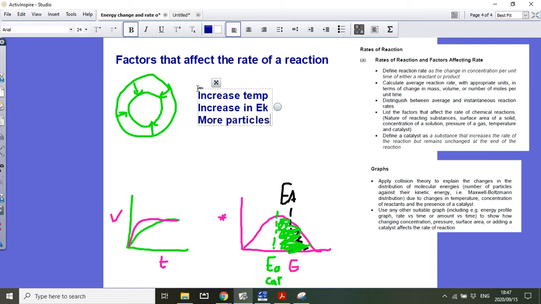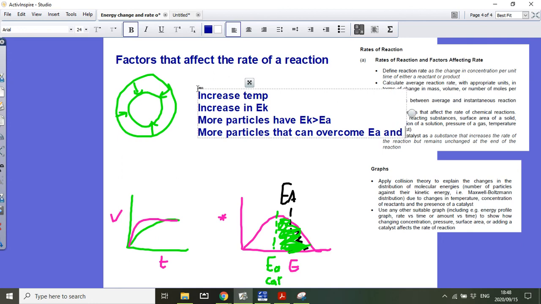More particles have EK higher than activation energy. If there are more particles with higher energy, they move faster anyway. So there are going to be more particles that can overcome the activation energy and also more collisions.